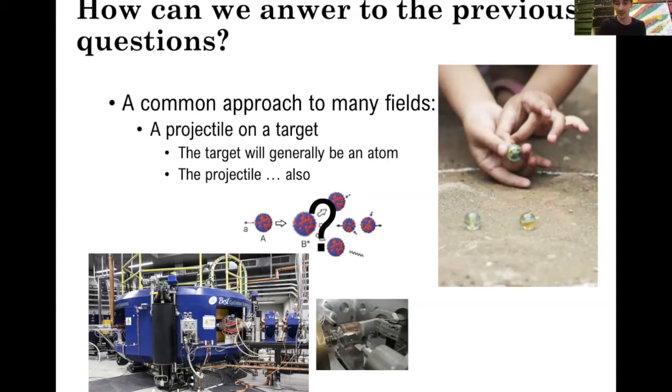Then the beam is transported through these pipes that you see here on the right of the pictures, focused by electromagnetic magnets, and transported under vacuum down to the target.